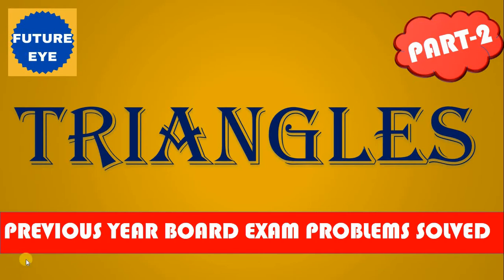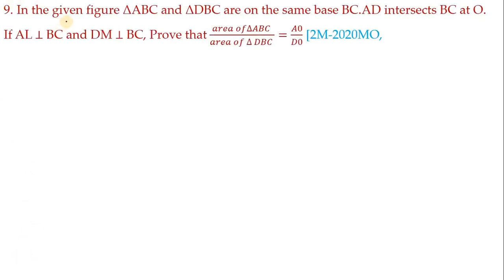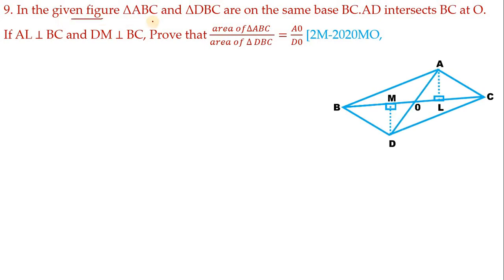Dear students, in this class, let me continue to solve previous year board problems from the chapter Triangles. Question number 9. In the given figure, triangle ABC and triangle DBC are on the same base BC.